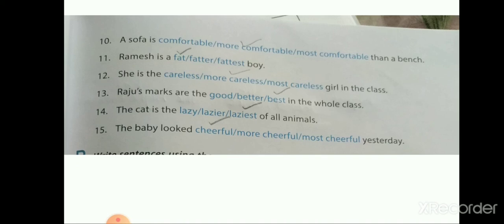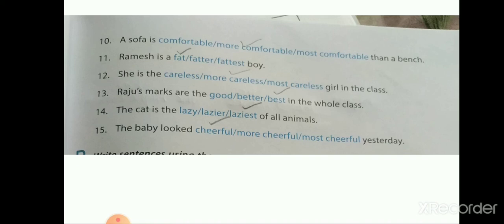Remember this, children. Positive is only when we are giving a statement. Comparative is only when we are comparing two things or two people. Then we will make it a comparative degree. Next, in the superlative degree, we will always compare things with more than two or three things.